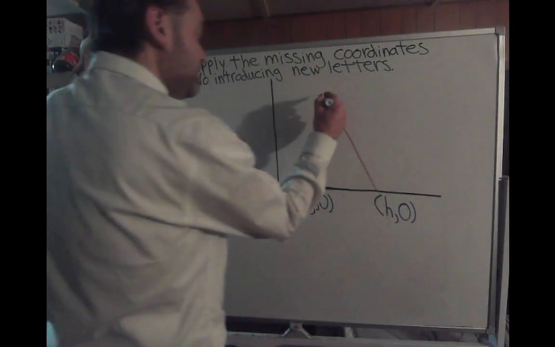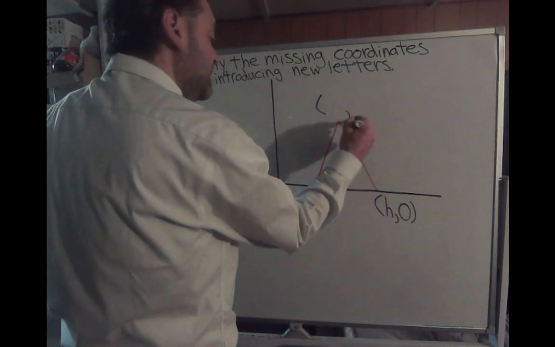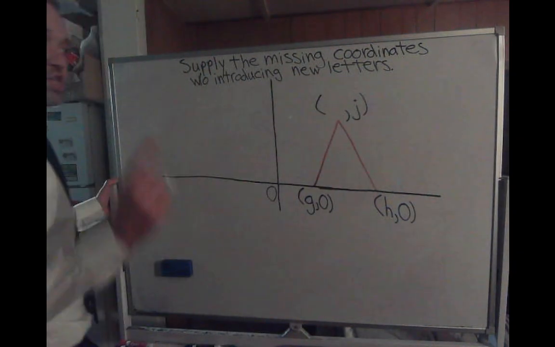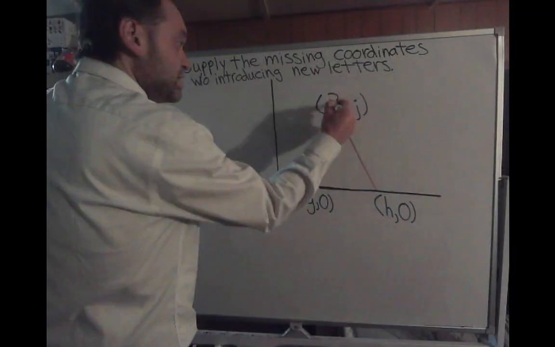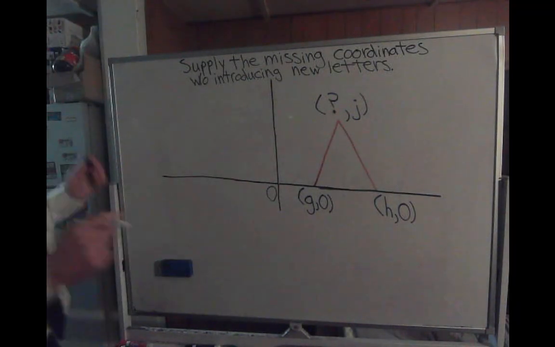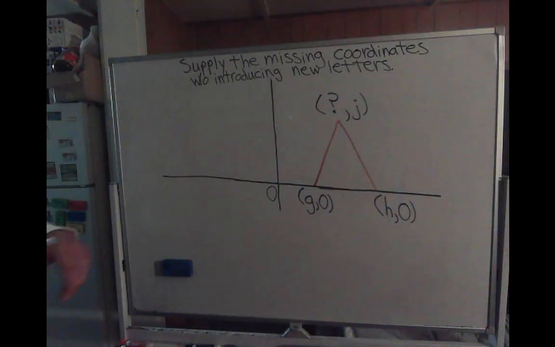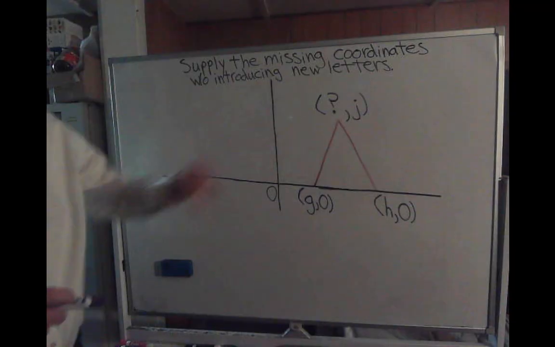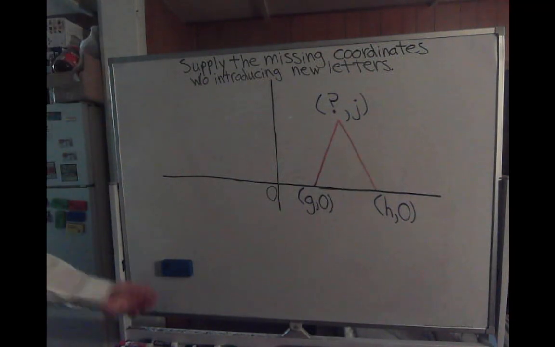We're even given that the y-coordinate of the top vertex is J. What we don't know is the x-coordinate, so we simply need to find the missing x-coordinate for the top vertex of the triangle.